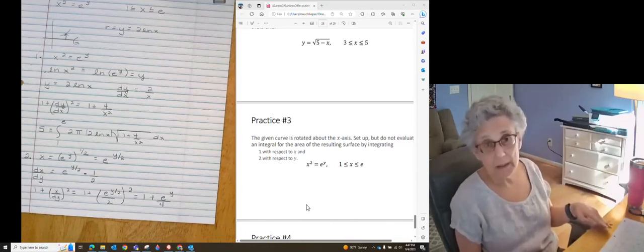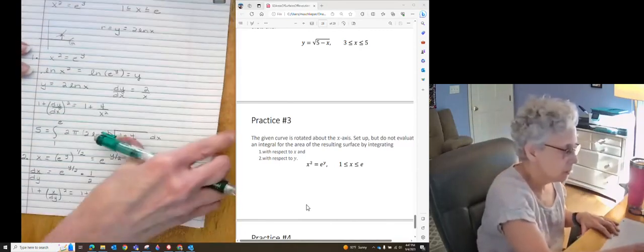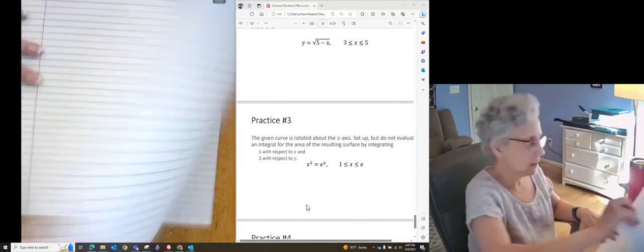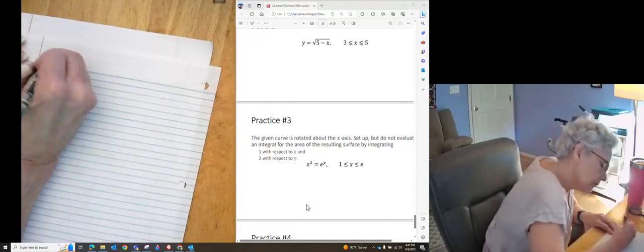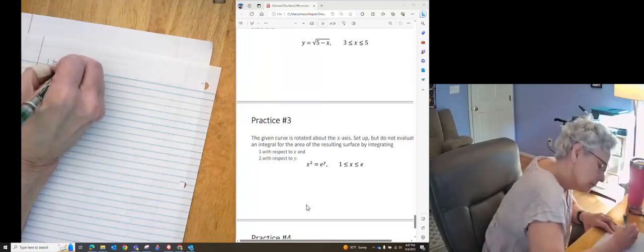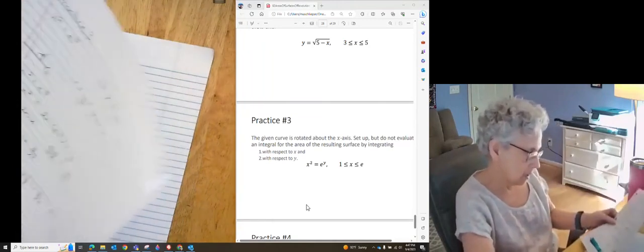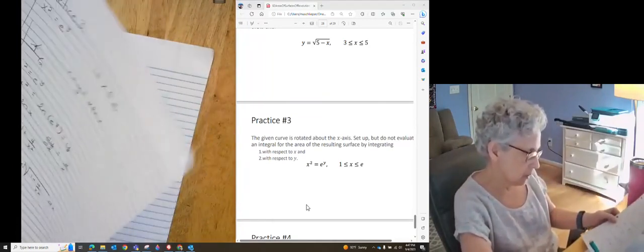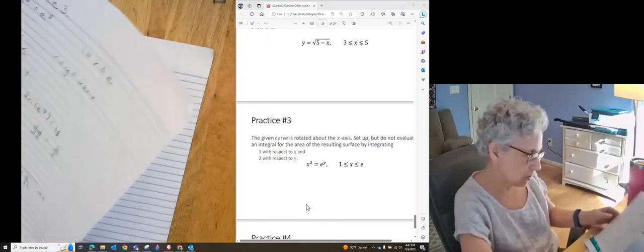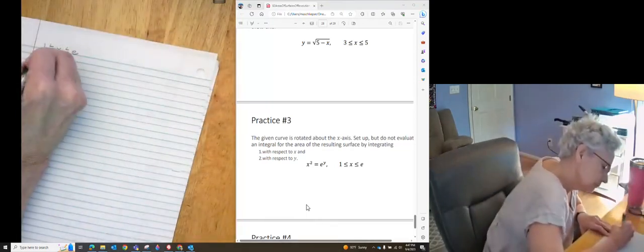Now I need to figure out my limits of integration. So 1 is less than x is less than e. And y is equal to 2 times the natural log of x.